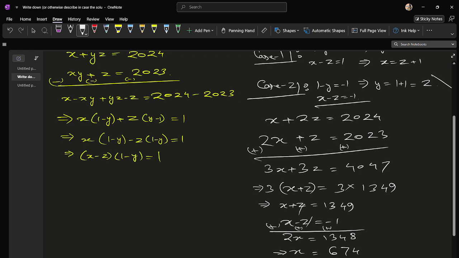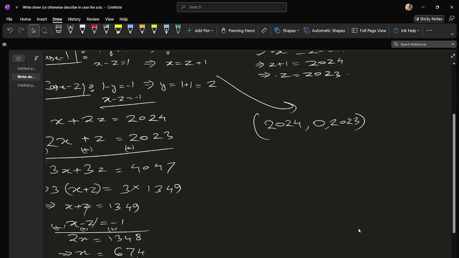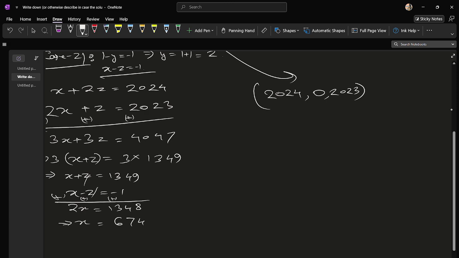Then what will be y? Let us put it in x minus z equals minus 1, which we have, and I am putting x equals 674 here. So we will get our z as 674 plus 1, that is 675.